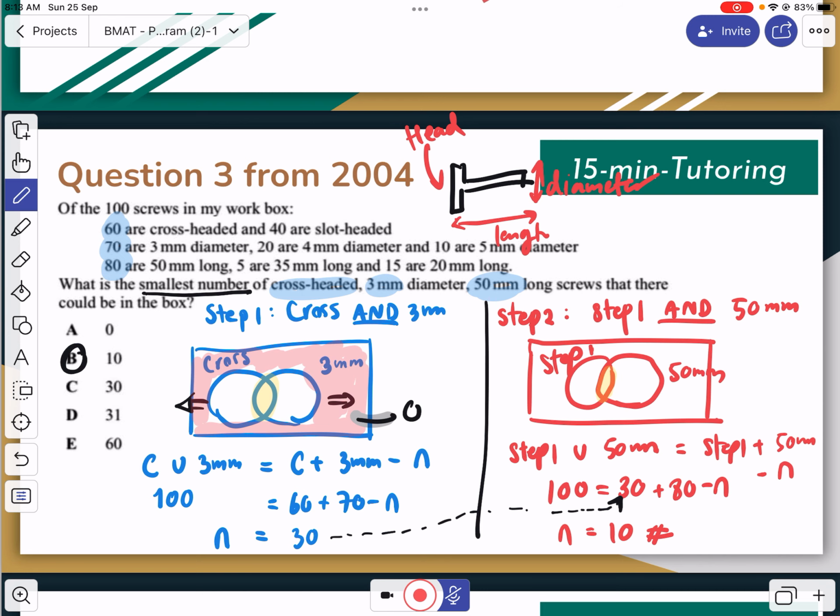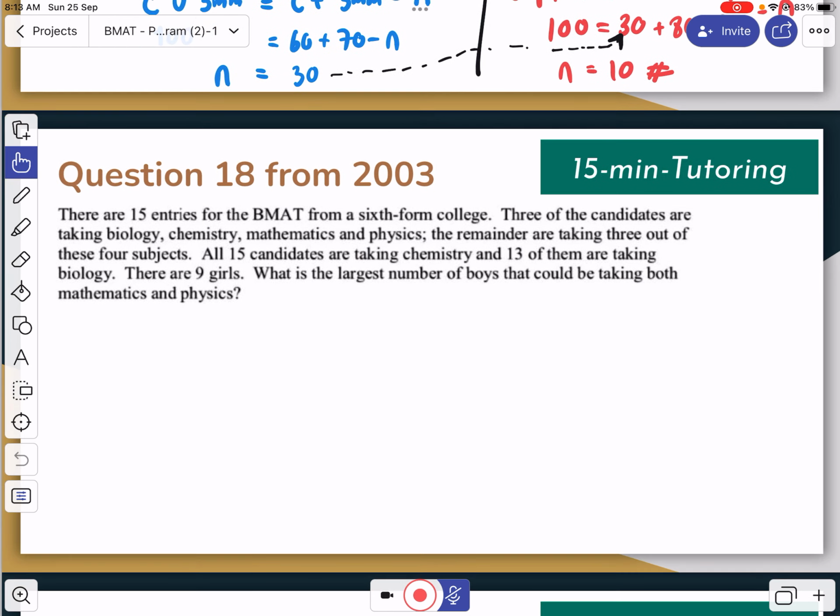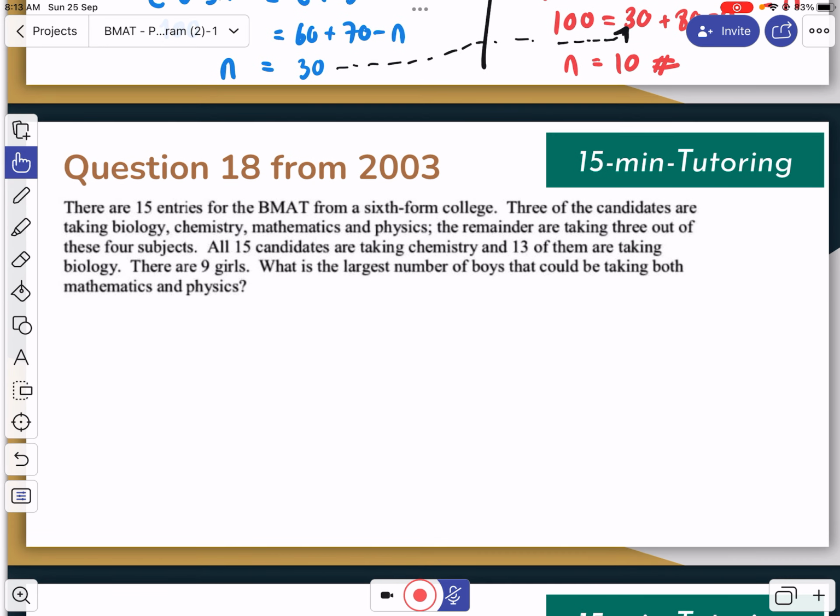Next, we look at another question. And this is from 2003 exam, question 18. Again, I encourage you to pause the video and read it on your own. Now for this, there are 15 entries for the BMAT from a sixth form college.